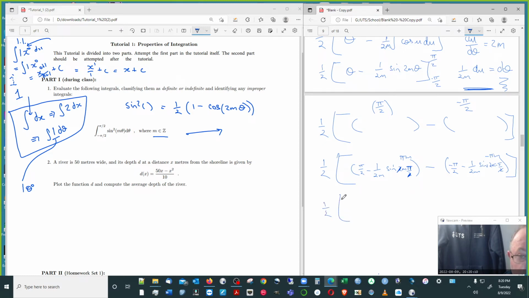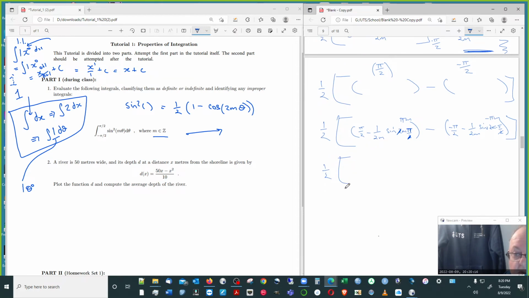Okay, the next thing we've got then is, what do we know of sine m pi? Now, what does m belongs to Z mean? So whenever you get an analysis question, you can enter your technology again.